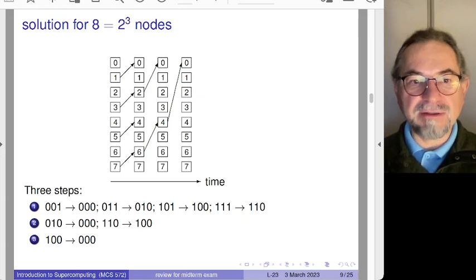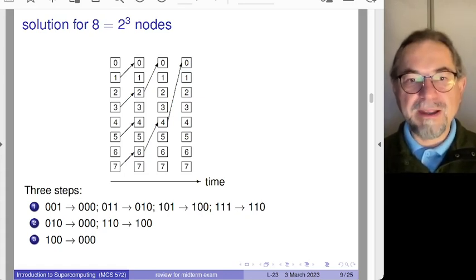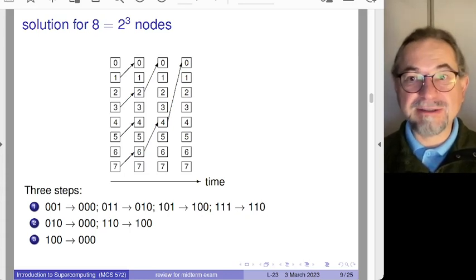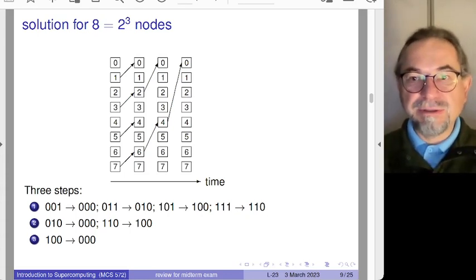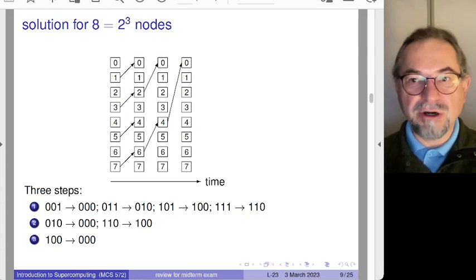So if you look at the first stage, we indeed can verify that if we consider 1 goes to 0, 3 goes to 2, 5 goes to 4, and finally 7 goes to 6, that indeed we see that all the nodes are connected. So this first step is supported by the hypercube network.